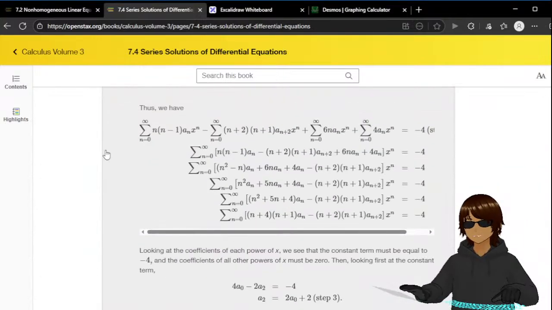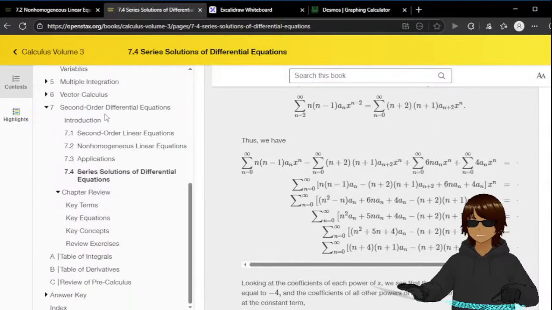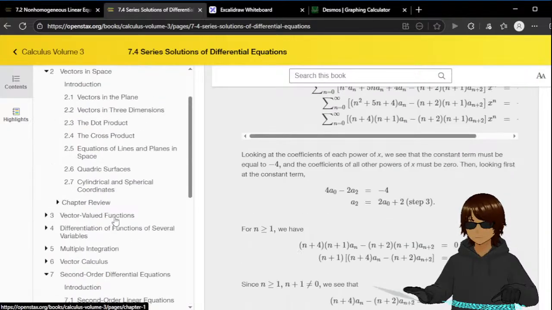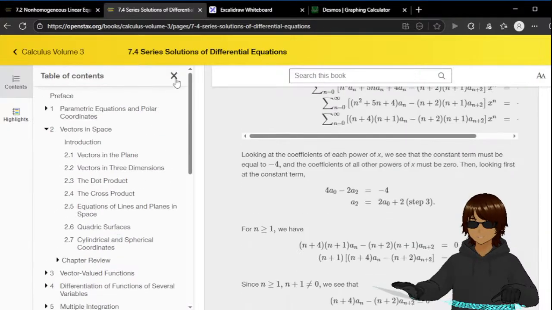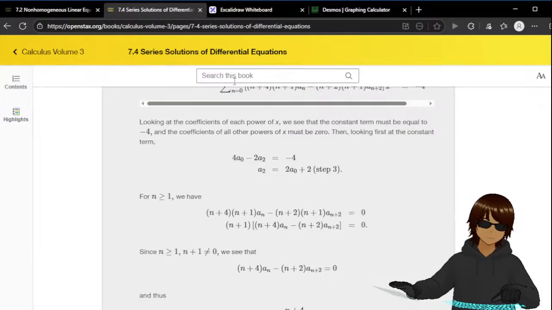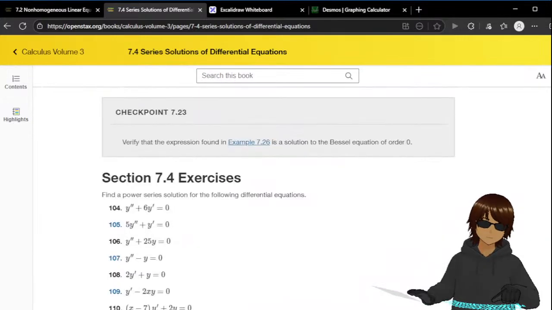Okay, I think if I want to read about power series, I will read a separate book. Answer key. Okay, I think after this chapter, this is it. There's nothing after.